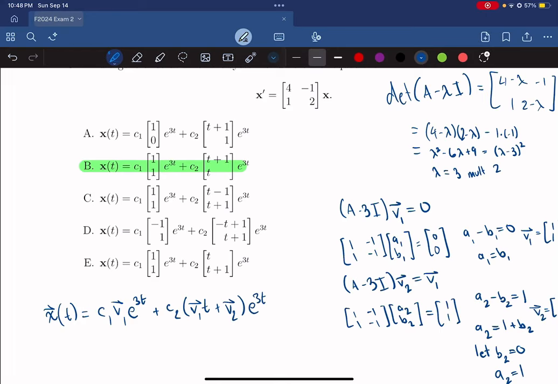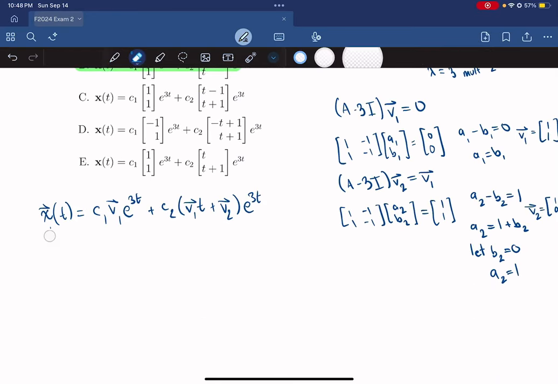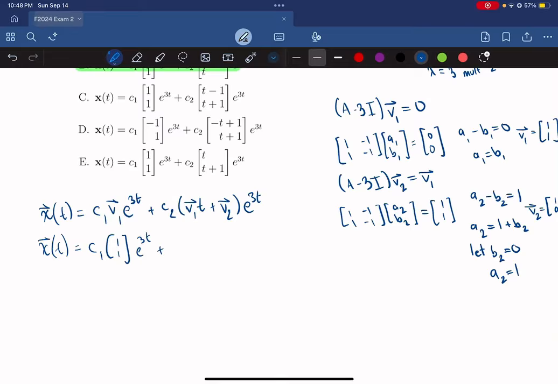So based on that, we can say c1 [1, 1] e to the 3t plus c2 [t plus 1, 0] e to the 3t.